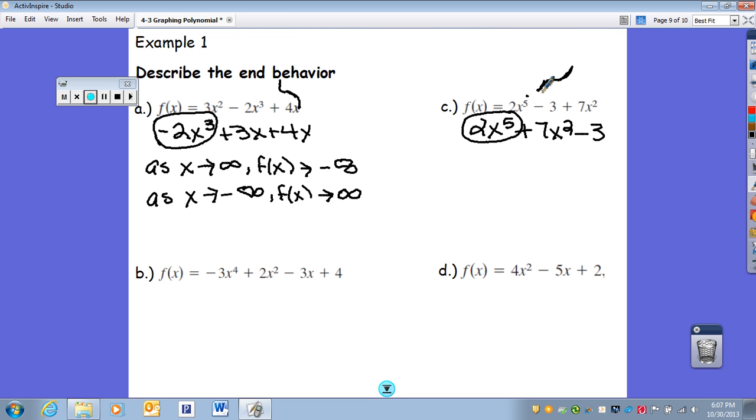And so, when we are looking at our end behaviors, as x approaches positive infinity, we'll notice that f of x is going also to positive infinity. And as x approaches negative infinity, you will notice that our f of x also approaches negative infinity.